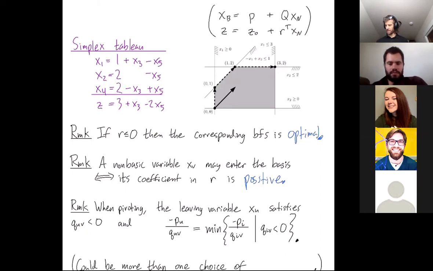I took this entry of the vector P. Remember, here's the vector P. I took this entry of the vector P, I made it negative, -2, and then I divided by this entry -1, okay? So that's solving for how much I can increase x3 by, 2, but in other words, -2 divided by -1, okay? So your leaving variable is going to be the one in which that ratio is minimized over all possible leaving variables.